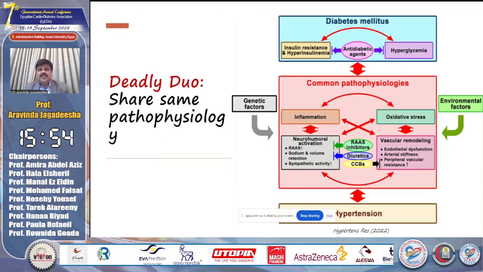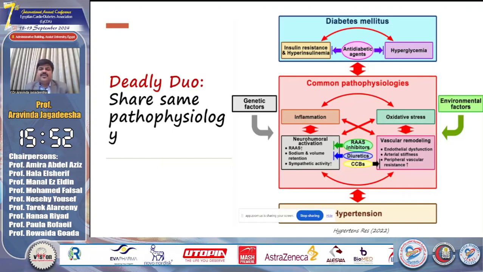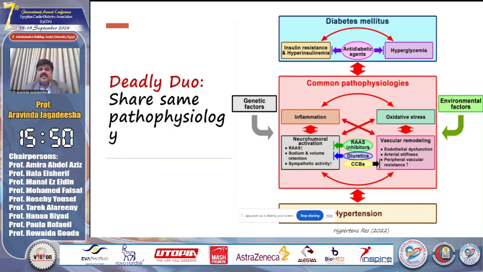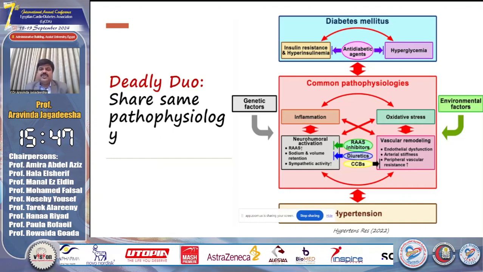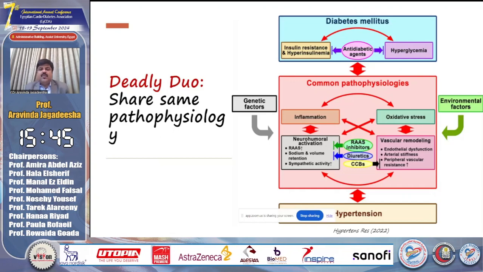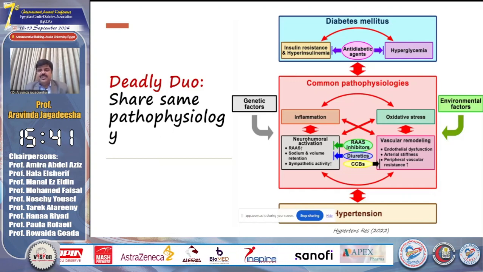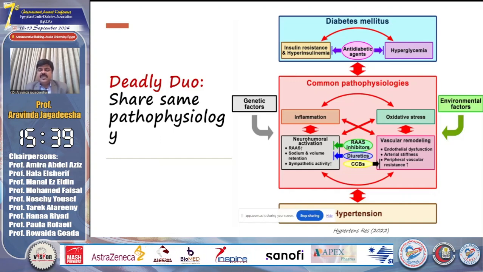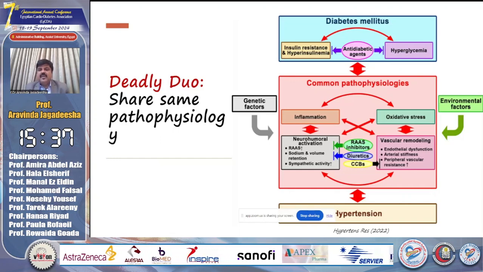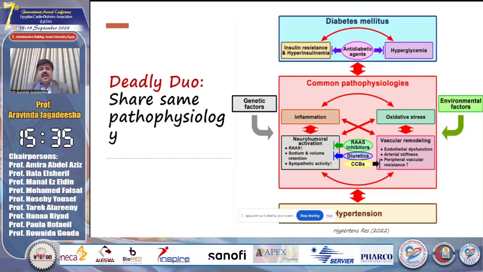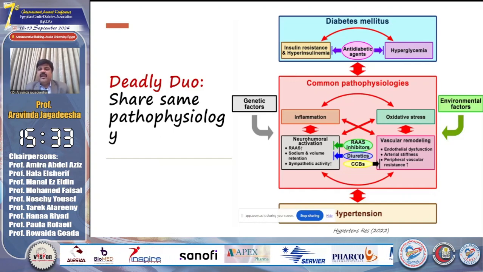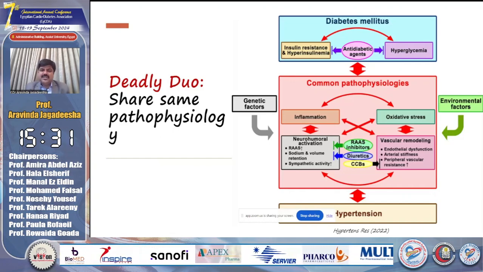The inflammation leads to neurohumoral activation. There is the RAS, renin-angiotensin-aldosterone system, increased, sodium and volume retention, and sympathetic activity is increased. The oxidative stress leads to vascular remodeling, endothelial dysfunction, arterial stiffness, and peripheral arterial vascular resistance is increased.